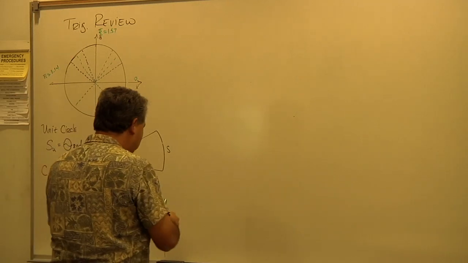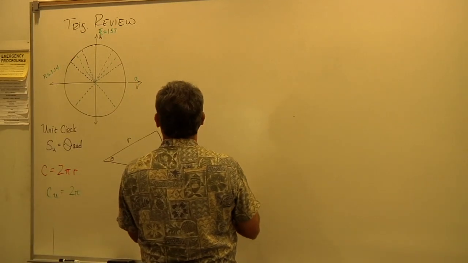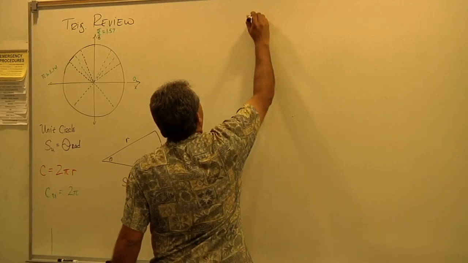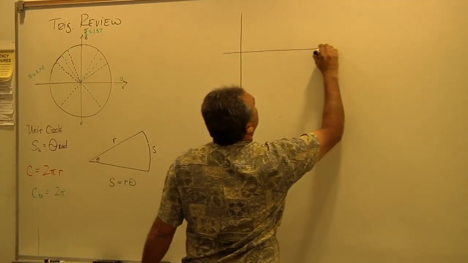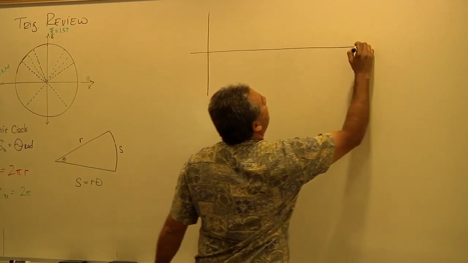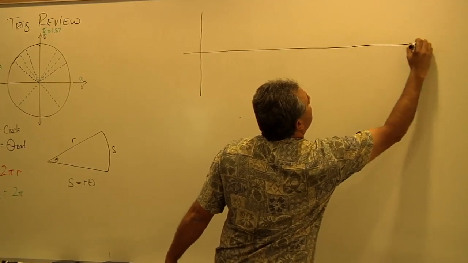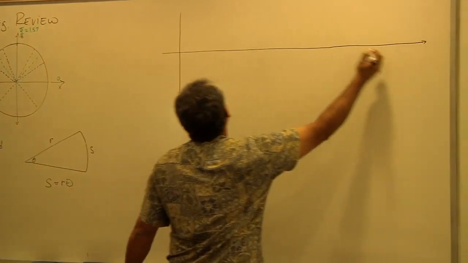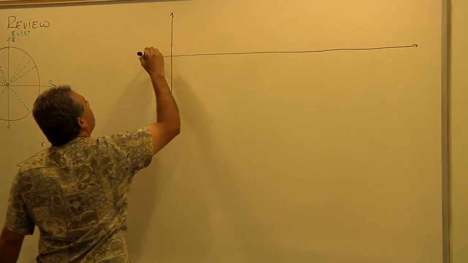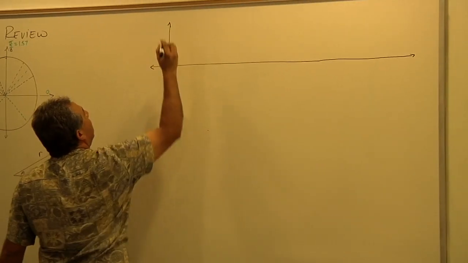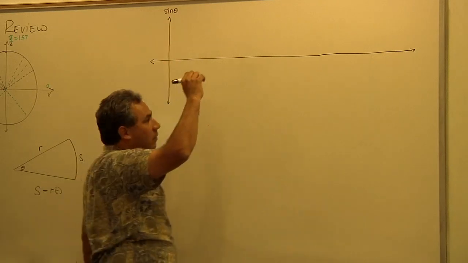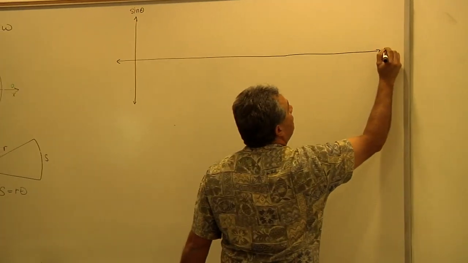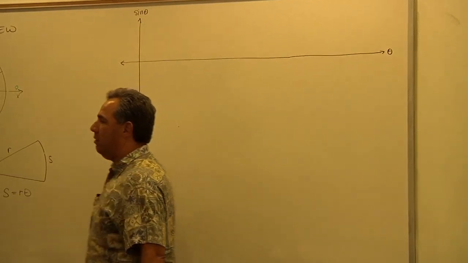Okay. So let's start by graphing one of our functions. Let's start with our cosine. Let's start with the sine. Let's do sine first. Okay. Now remember, sine represents which coordinate on the unit circle? Y. So this is going to be sine of theta, and this is going to be our theta, our horizontal axis.